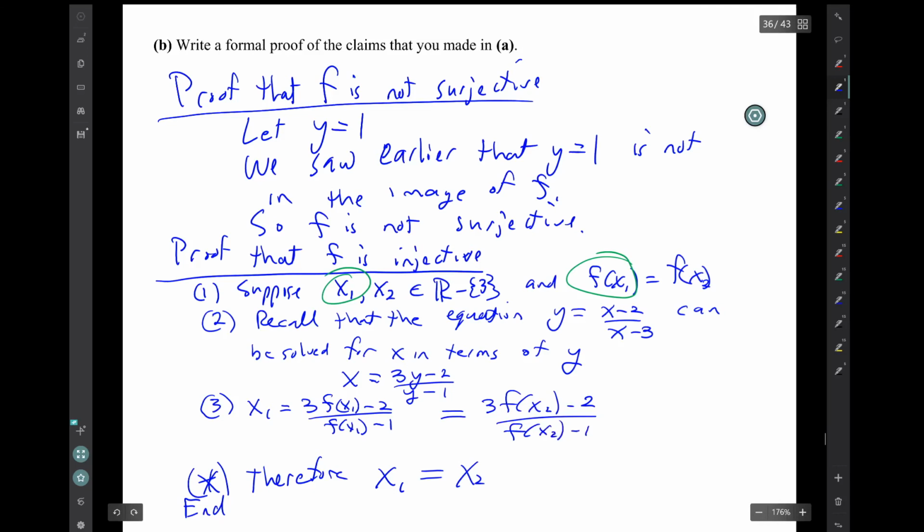And that's because f of x1 is known to equal f of x2. But wait a second. What we've got here is just the expression for x2. So what we've proven is that, sorry, this should be x2. So we've shown that if f of x1 equals f of x2, then x1 equals x2. So we've proven injectivity using the definition of injective.